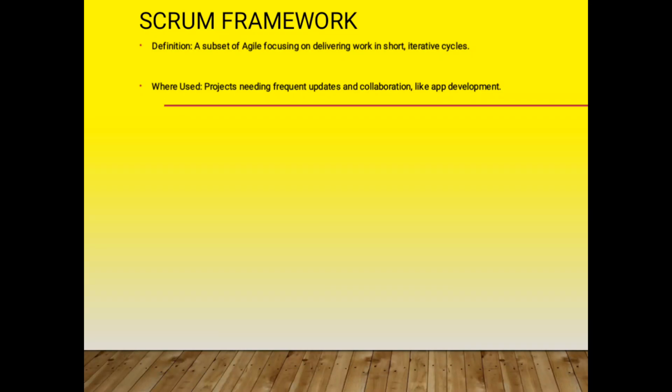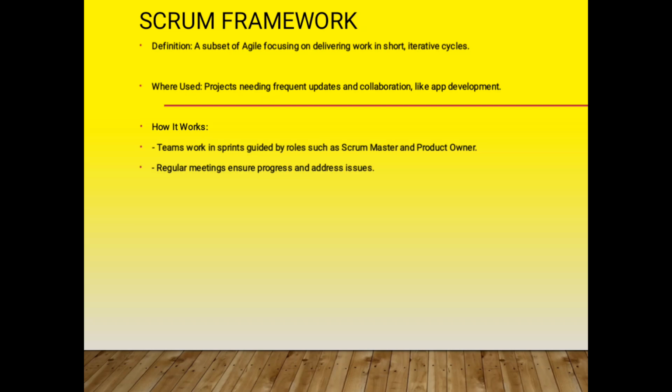It can be used when projects need frequent updates and collaboration. So how does it work? Work is divided into sprints, and in those sprints, the team members are given their designated roles.